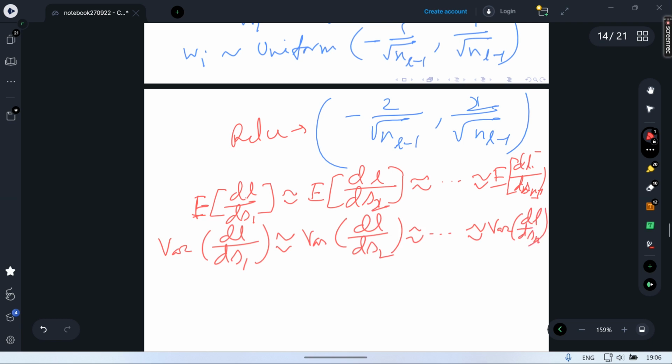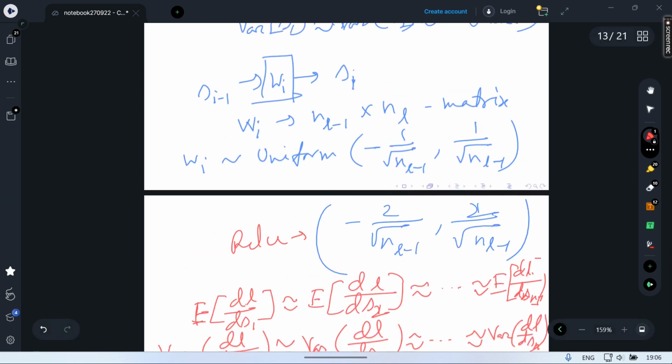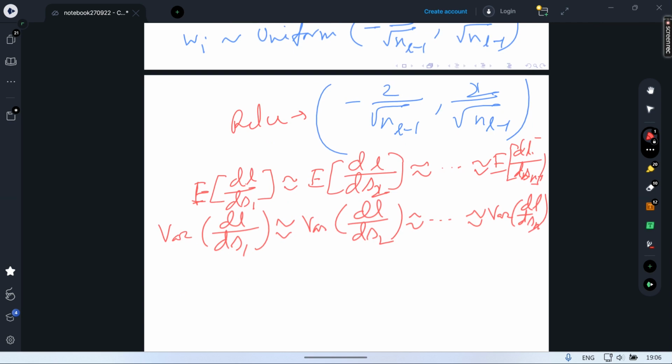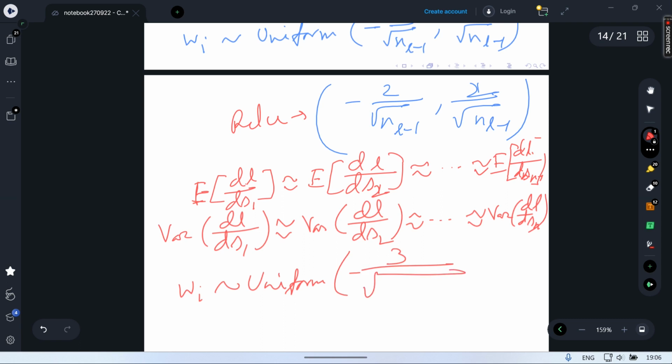So if you impose some additional constraint, you will get some other bound, something like this. Your Wi should be generated from a uniform distribution in the range, say, plus or minus square root of 3 or 6, something like that. In case of ReLU, I think it's 6, and without ReLU, it's basically plus.